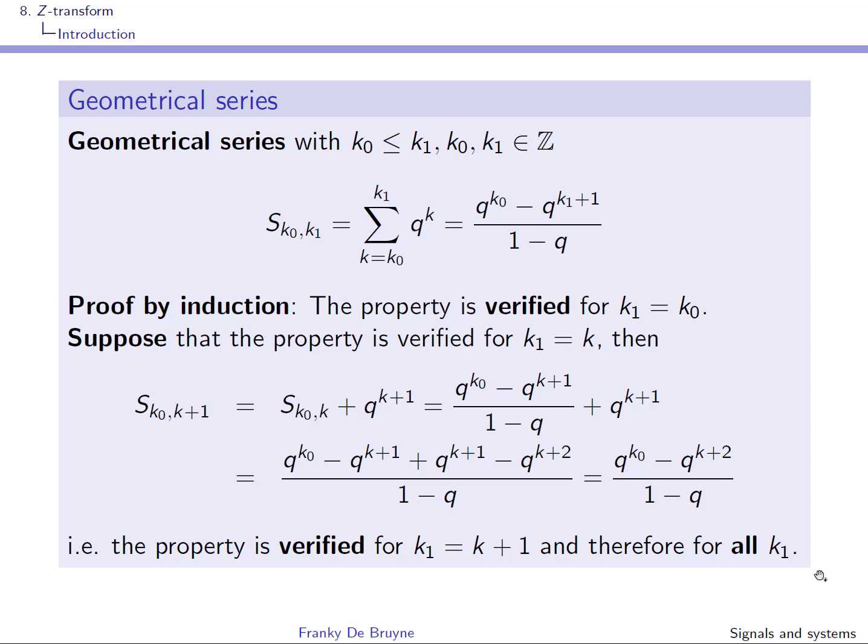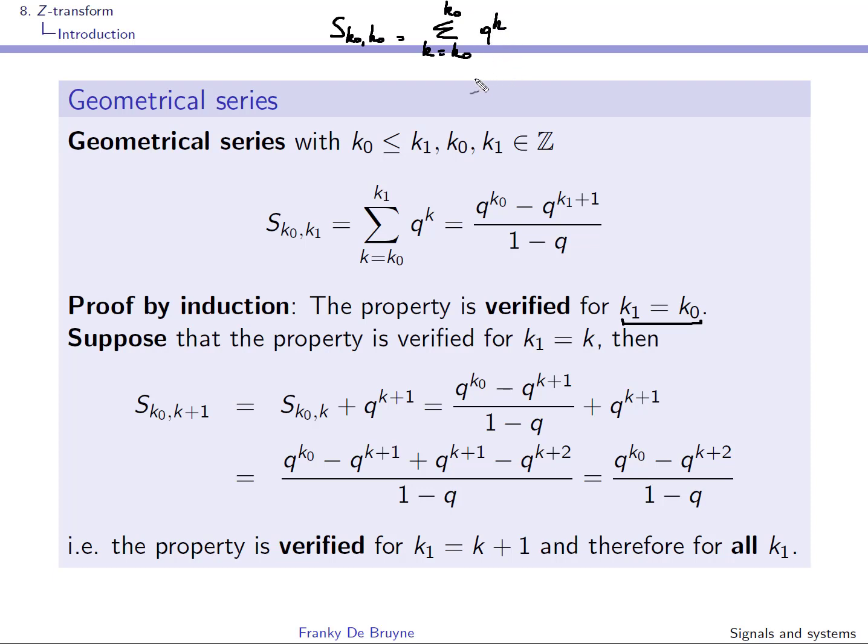It is easily proved that the property holds for k1 is equal to k0. So let us write k0, k0. It's a sum where k ranges from k0 to k0. So there is only one element in the sum.